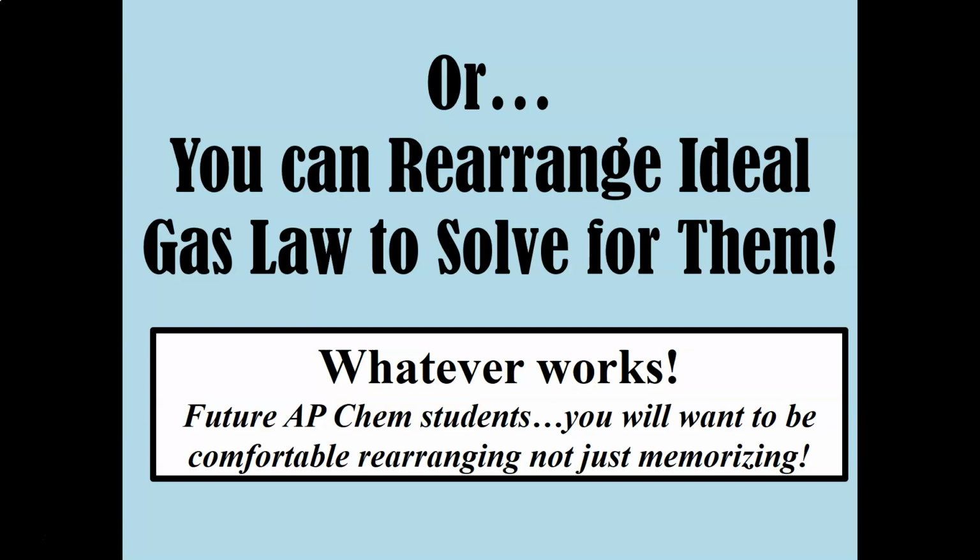The reason I'm suggesting that is one of the things that AP Chem problems love to do is they love to give you data that looks like you don't quite have enough numbers, and they want you to rearrange your equations in really complicated and unique ways to try to find the thing that you're looking for. And so a huge part of the AP Chem problems are substituting and rearranging and finding unique ways to do that. So this is a perfect example.